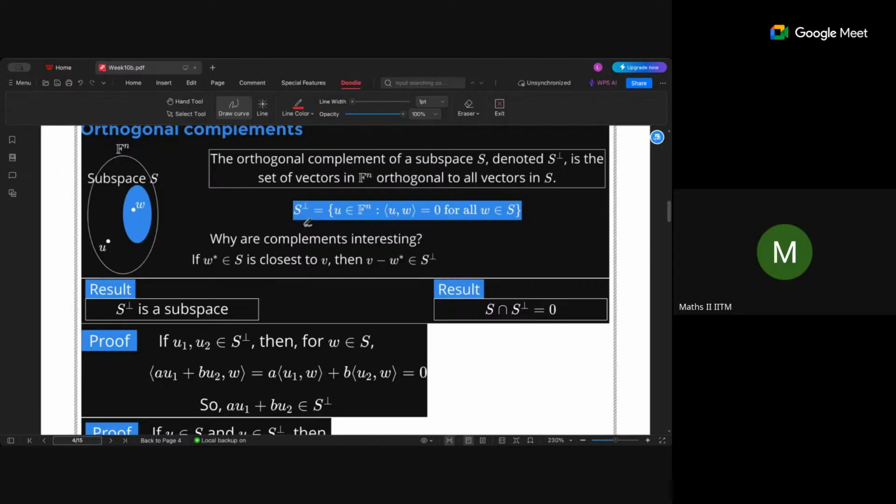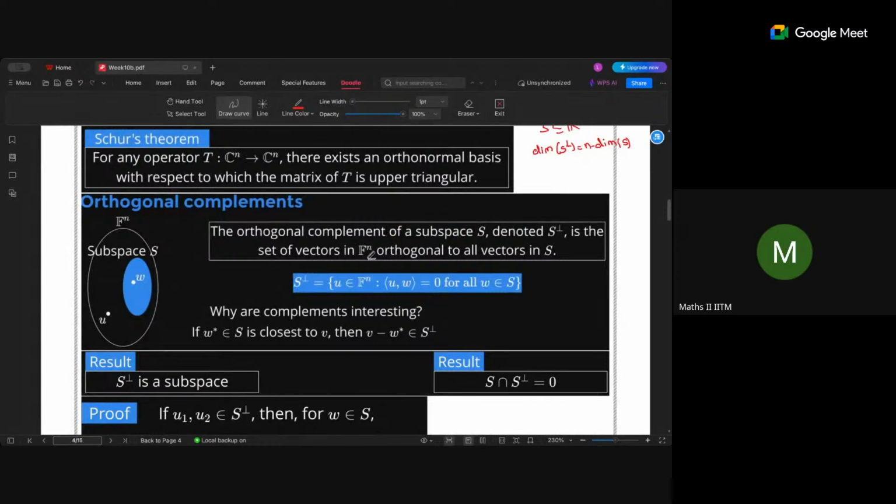So we have seen how to find the orthonormal basis of a subspace and then the orthogonal complement of a subspace. We saw the advantage of having an orthonormal basis: any vector can be easily represented in terms of it.